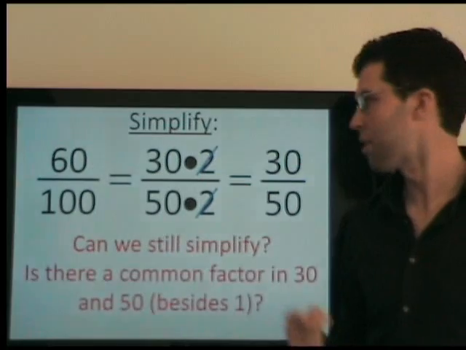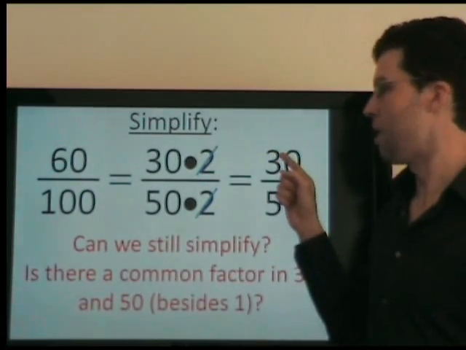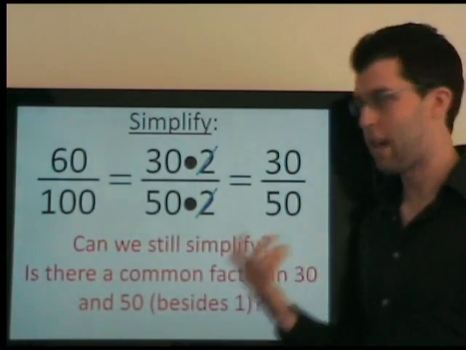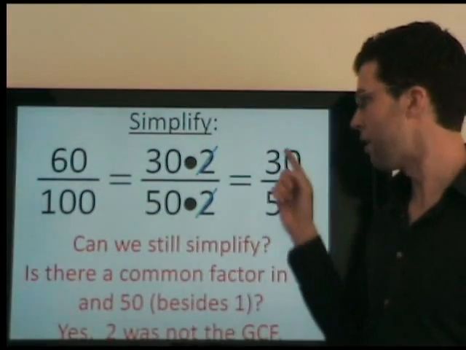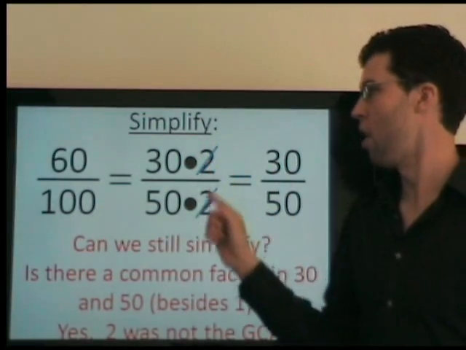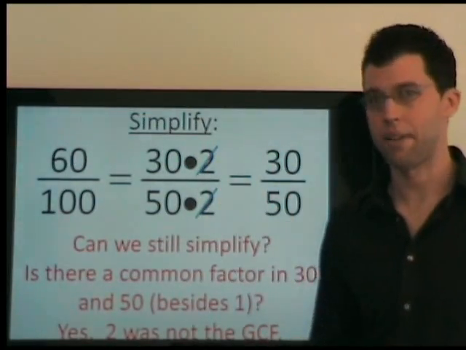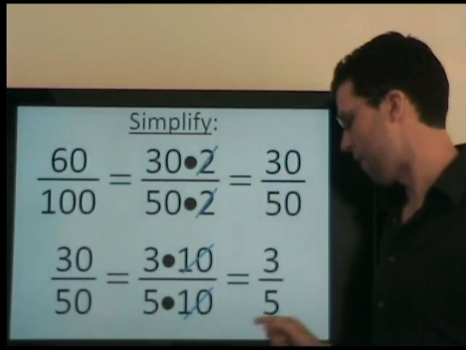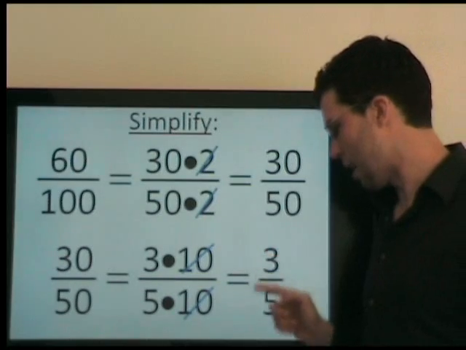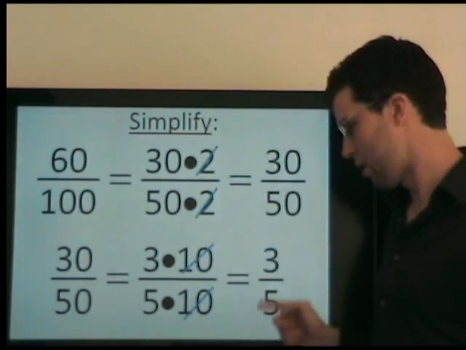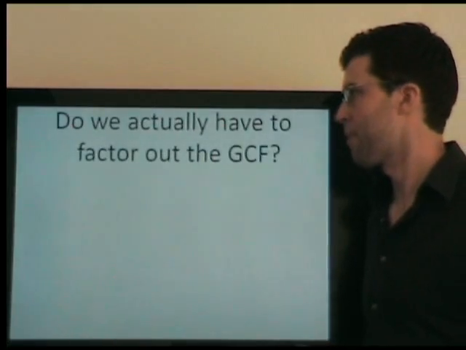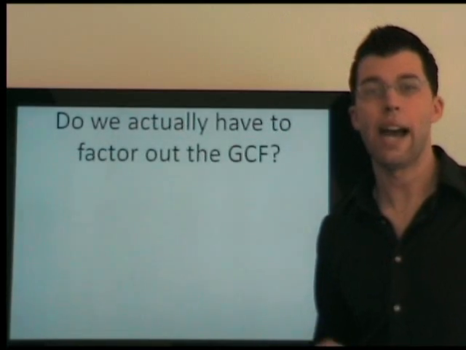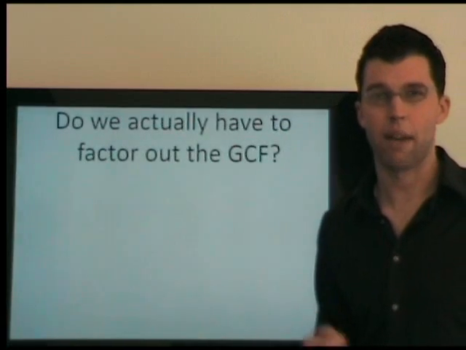In other words, is there still a common factor in the numerator and denominator besides 1? Okay? There is in this case, and that's because 2 was not the greatest common factor. So in this case, we factor out 10 and 10, and we get 3/5. Let's check, are there any more common factors besides 1? No.